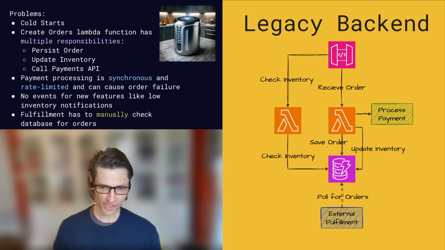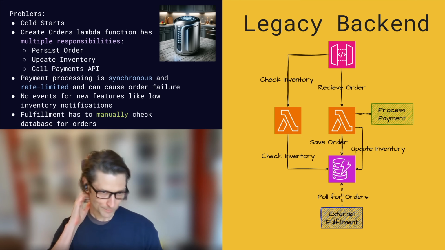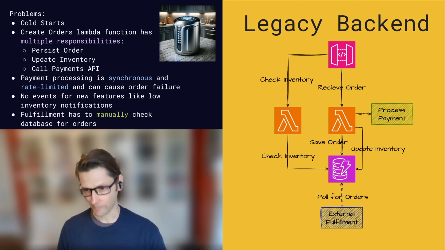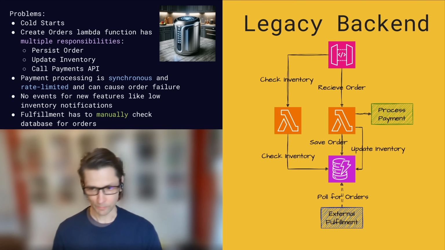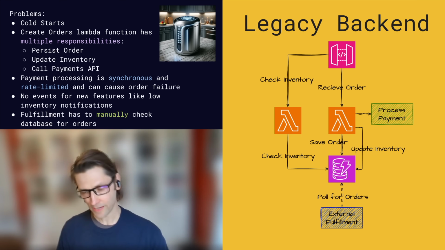We've got the check inventory function, which is pretty straightforward. That one's probably fine, but our create order Lambda function has a few problems. The problem really is that it's trying to do too much, and of course Lambda has a 15-minute timeout.